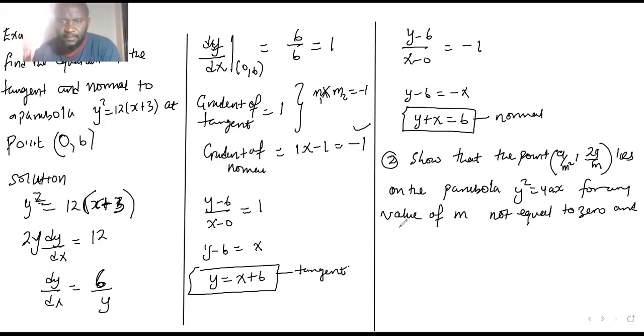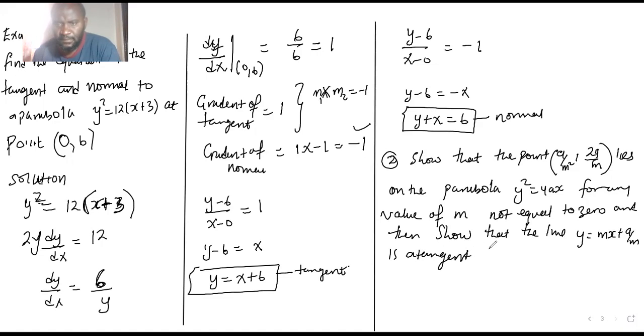And then show that the line y is equal to mx plus a over m is a tangent to the parabola y squared is equal to 4ax.